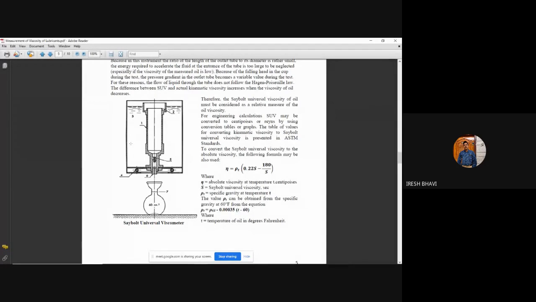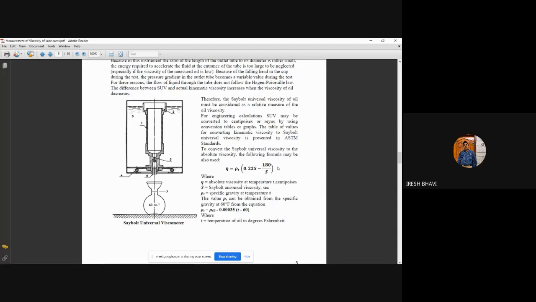Okay, so where we were? Okay, about the viscosity. Sorry, specific gravity. Specific gravity of any oil is the mass density of that oil divided by the mass density of the water. So the mass density of water is exactly 1000 kg per meter cube.